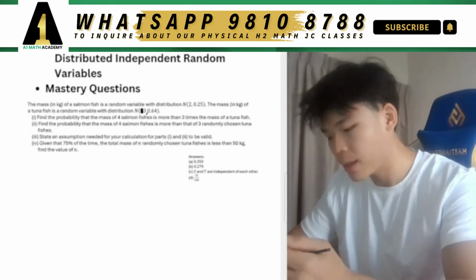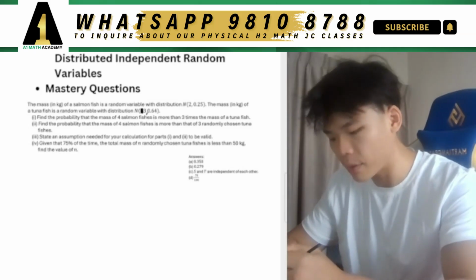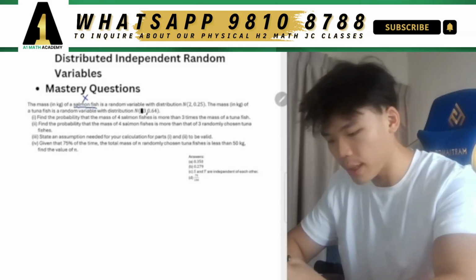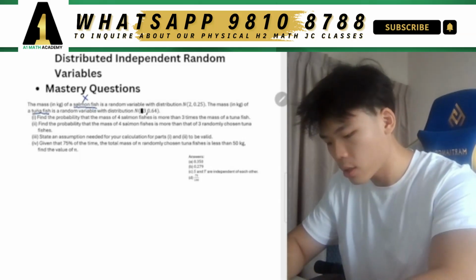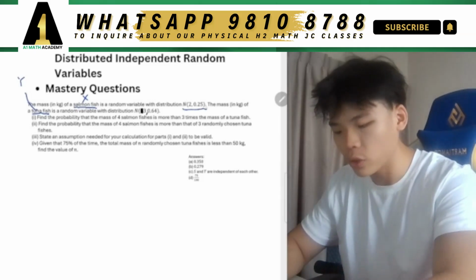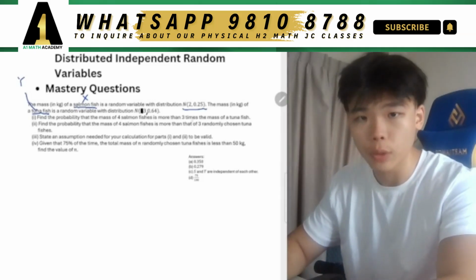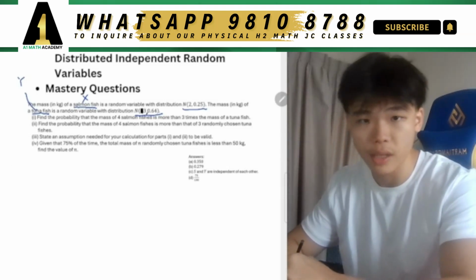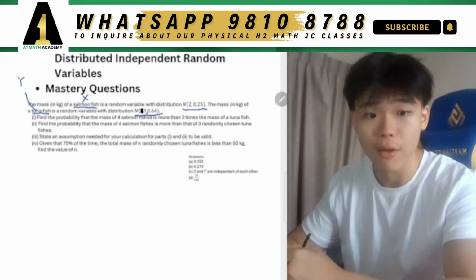So over here, we have the mass of a salmon fish, and once again, this is our random variable, so we'll just call this x. And we have the mass of a tuna fish, so this is our random variable and we'll just call this y. Now they have two distributions, 2, 0.25 and 3, 0.64. I'm just going to define it first, and we always have to define the random variables even though it might be very obvious.